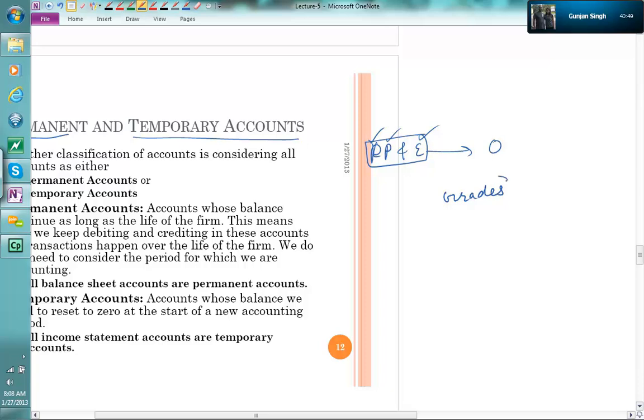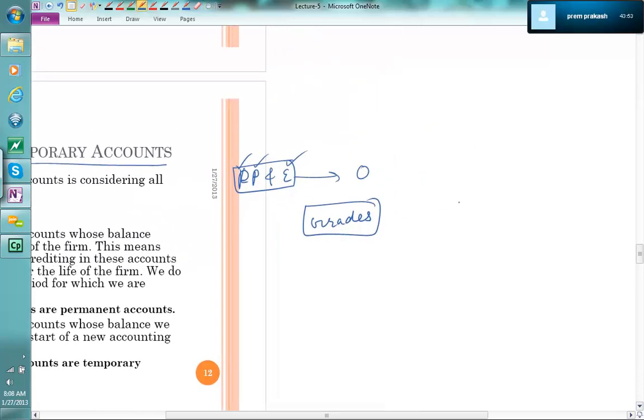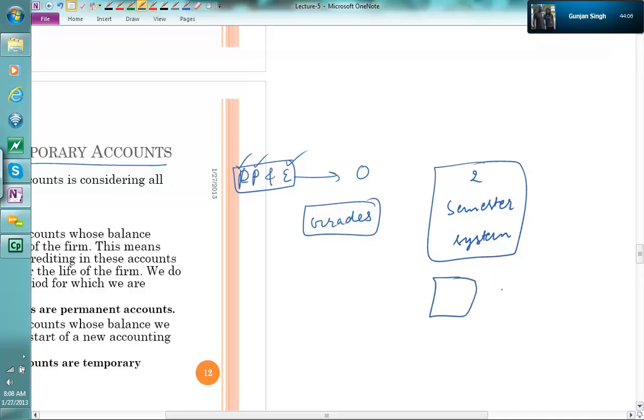But suppose we are assessing the grades of students, like what grades did you get. Suppose there is a semester program with a 2 semester system. In the first semester you did very well and you are issued a grade report, and you get A in all the subjects.